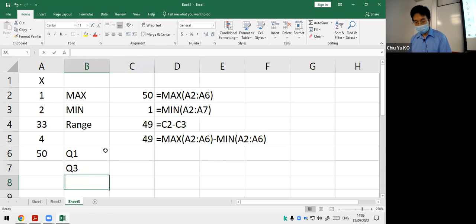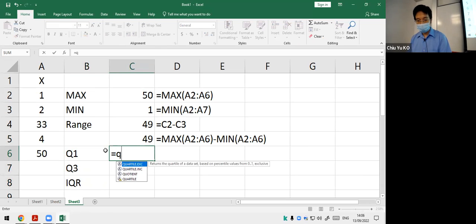And then the IQR. So it will be quantile exclude. You can see there's a quantile include here, but we don't use it. It's not the one we taught in the class.